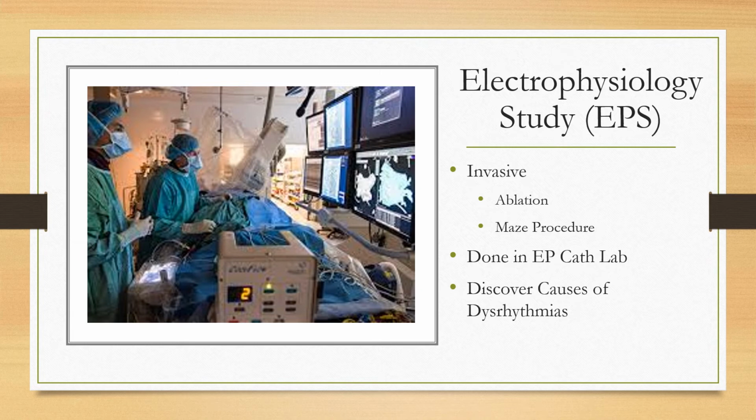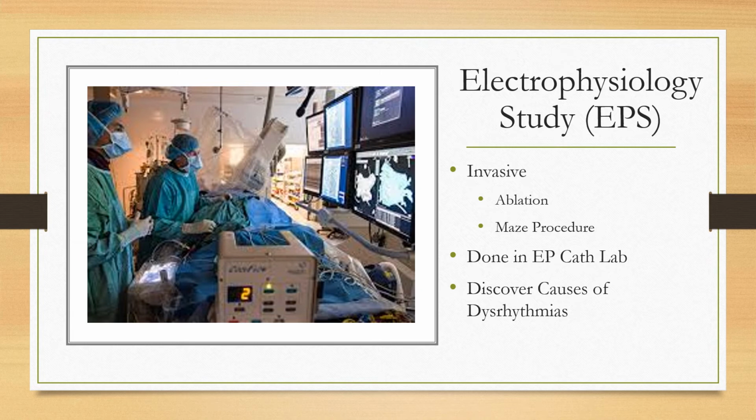And sometimes we send people to the EPS lab to find out which rhythm they are getting. Or sometimes we'll find some kind of odd rhythm at the hospital, and we'll send them to the EPS lab to really determine the extent of the arrhythmia. Okay, so arrhythmia, dysrhythmia, they mean the same thing, some kind of abnormal rhythm.